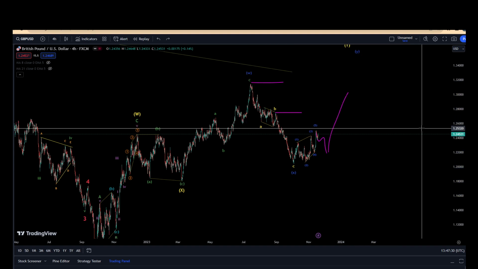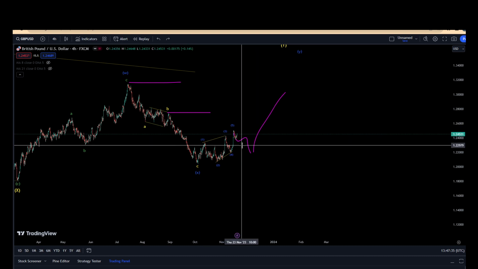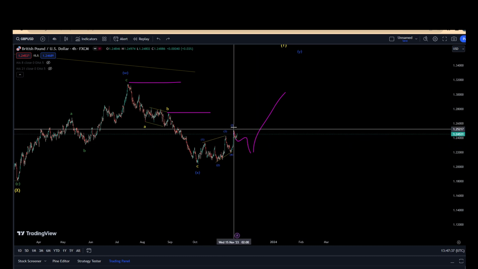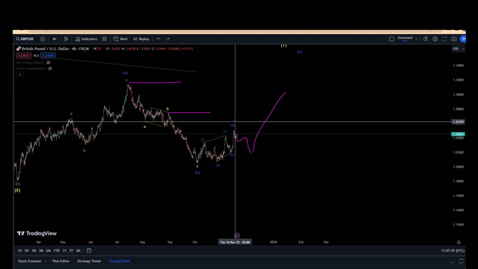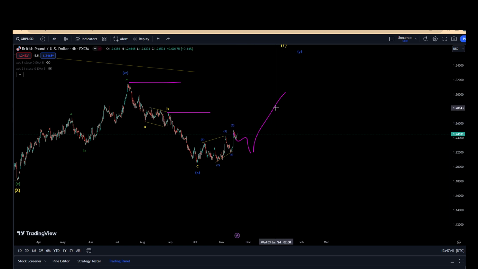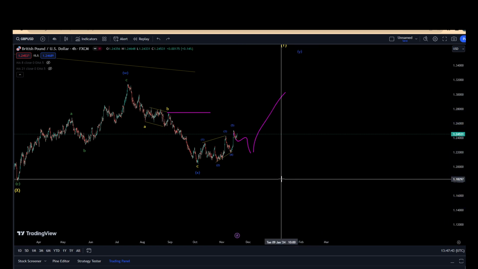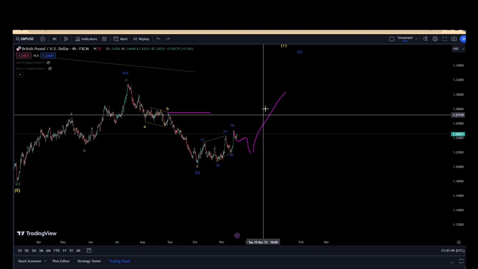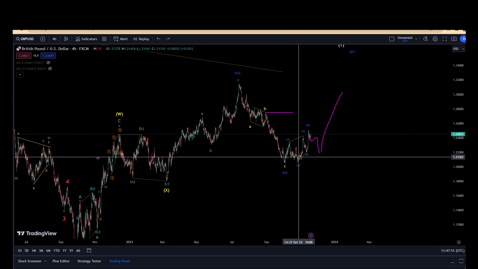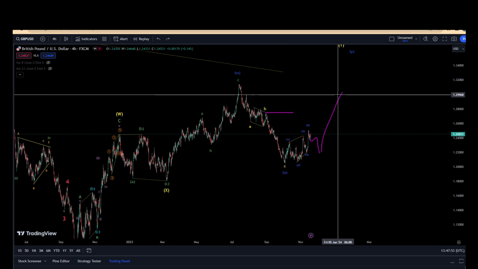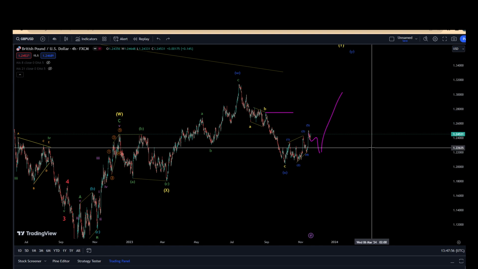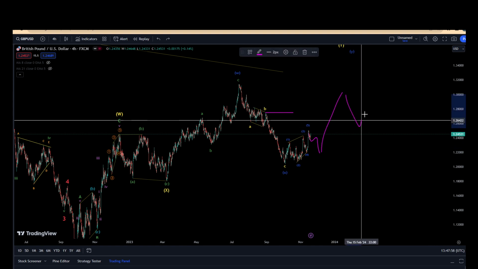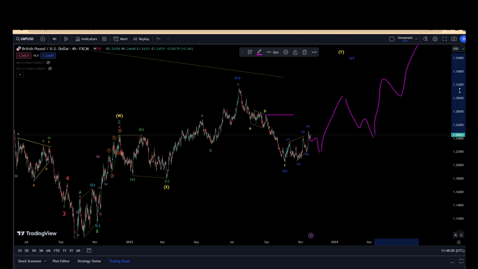So with that being said, short term we could expect a bit more bearishness coming in to basically complete that second leg. This could also be a wave A, B, C, and then we could just drop from here. At the same time, we could also be in this wave one, two, three, four, five, or it could just be an A, B, C, down again in three waves, and then come back up again in three waves.